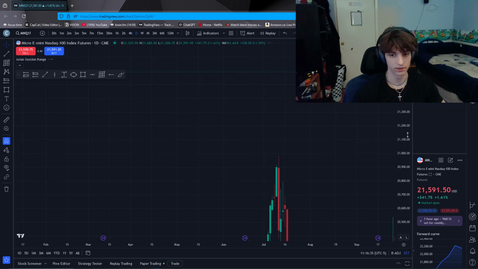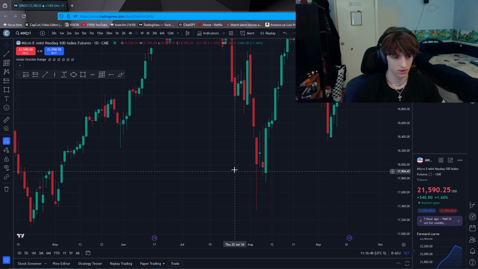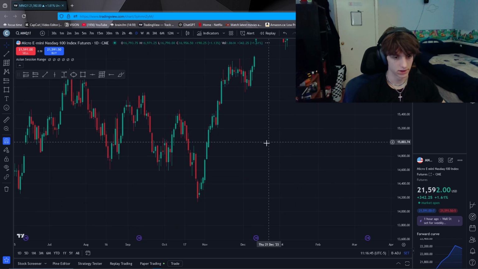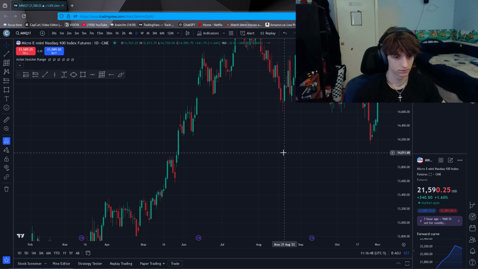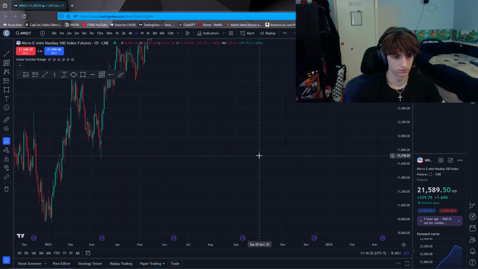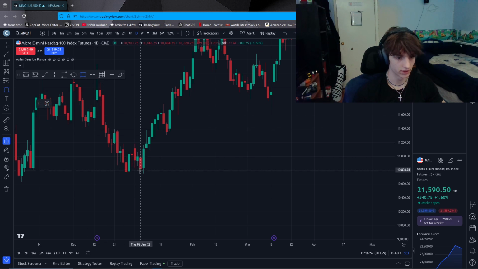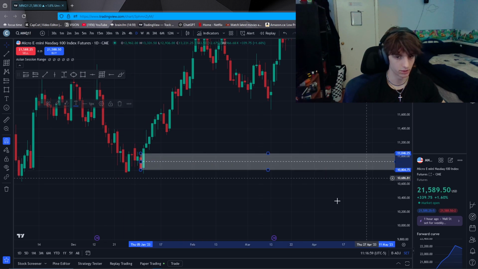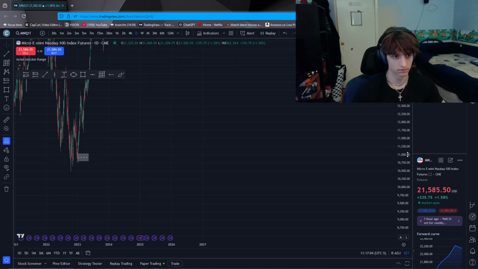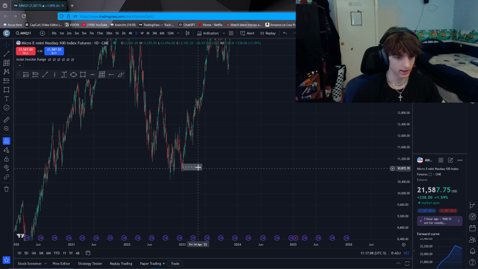Go in the daily for order blocks. I feel like it might be better. Like right here is a good example, but I don't think we ever tapped into it. Unless we did. I'm a fraud. No, we never tapped into it. That's an order block, but like, golly, man.